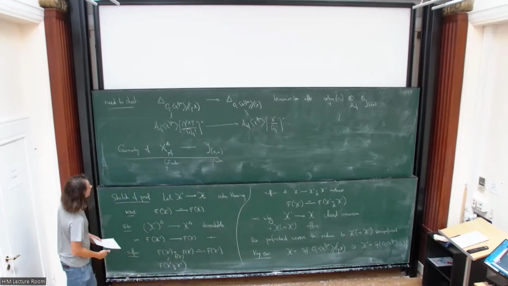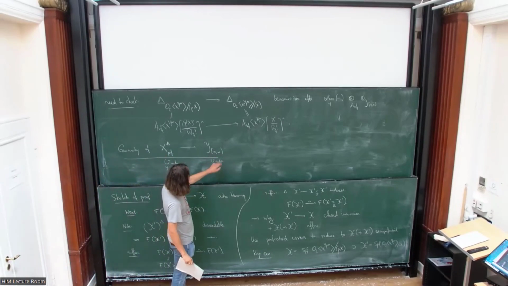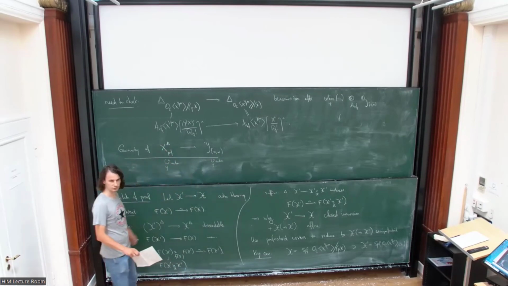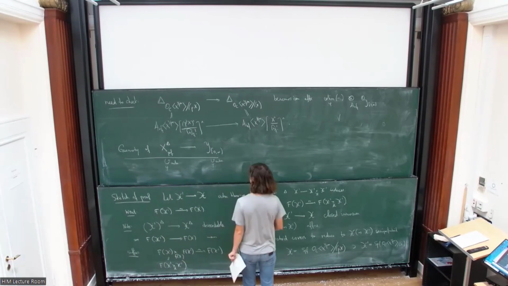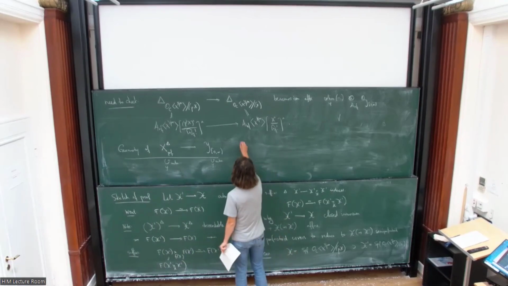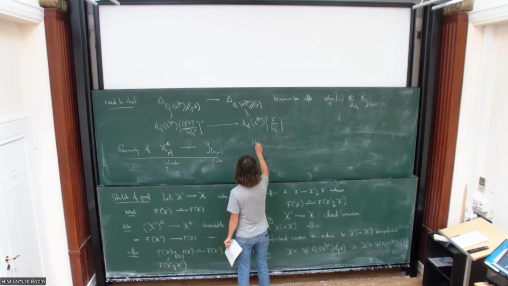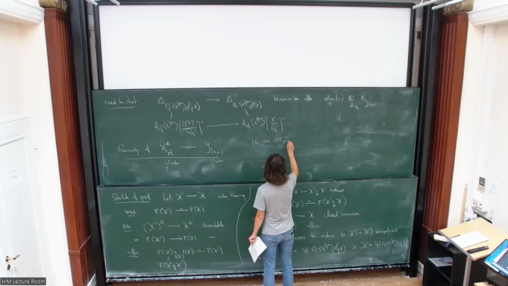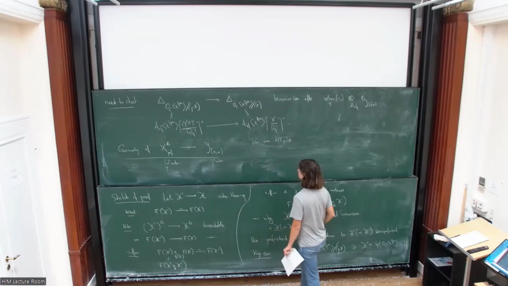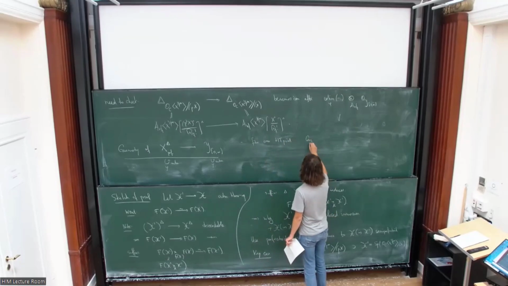So if you want, you can also remove 0 here and then descend just to the punctured quadrant. So there are several interesting fibers. One interesting fiber is the fiber over the special point.